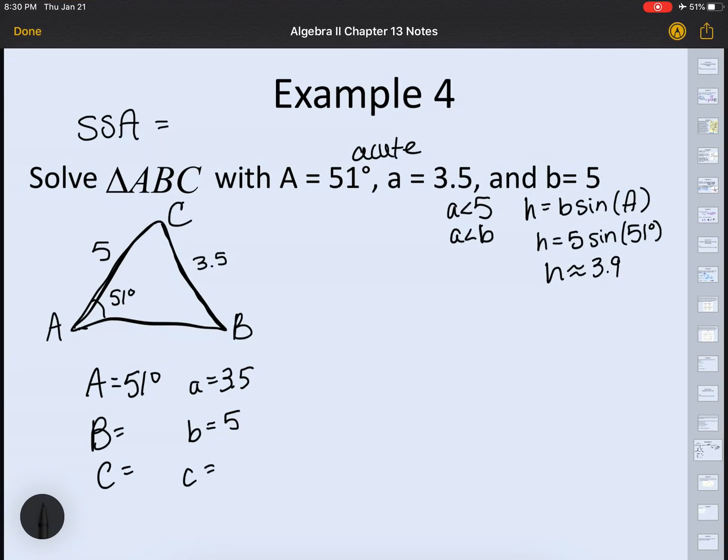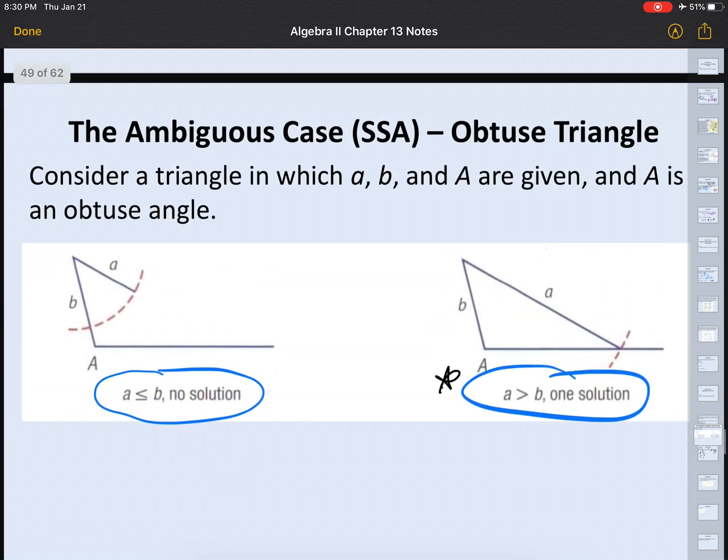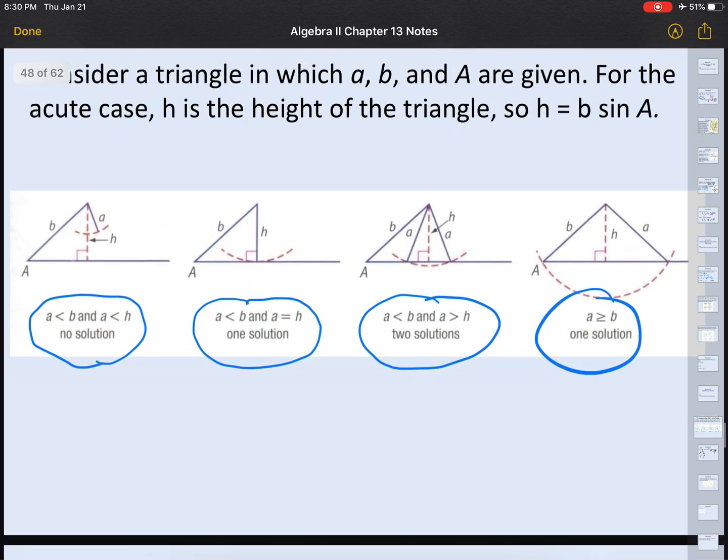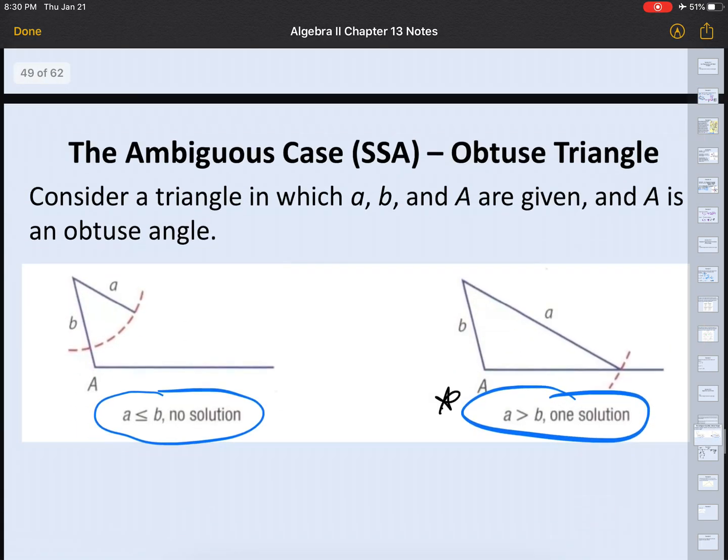So even our side length A is less than the height of the triangle. So we got side length A is less than B, and that side length A is less than our height of the triangle, and that corresponds with having no solution or no triangle possible.